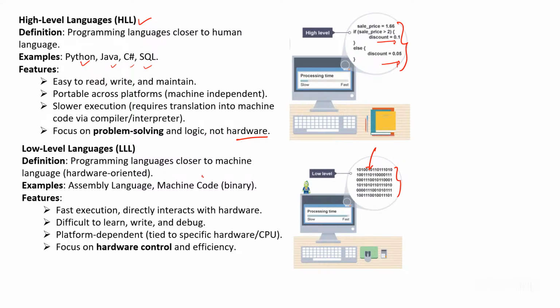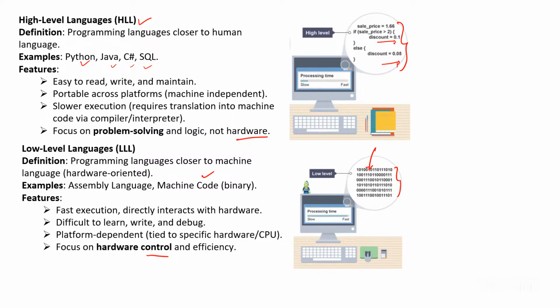They are mainly machine code or binary code, and since they are very close to your computer or hardware, they are very fast for execution because the computer knows what you are communicating. They are dependent on the platform, hardware or CPU, mainly to control your hardware. Whereas here is a language communicated at your human level, where we pass certain instructions and then it is converted.